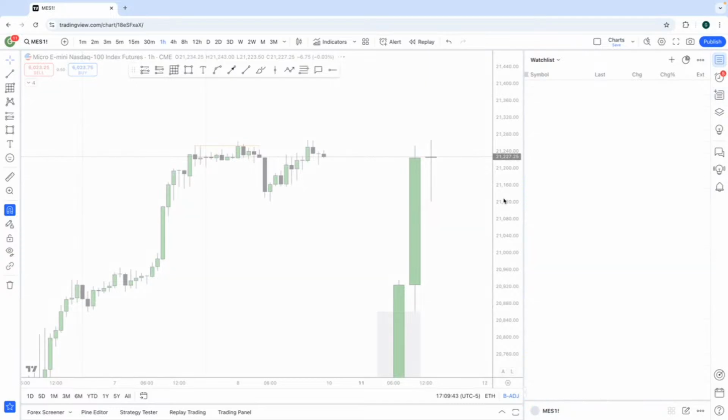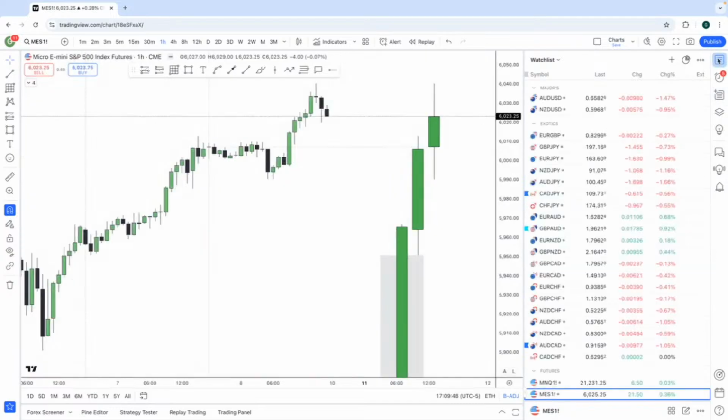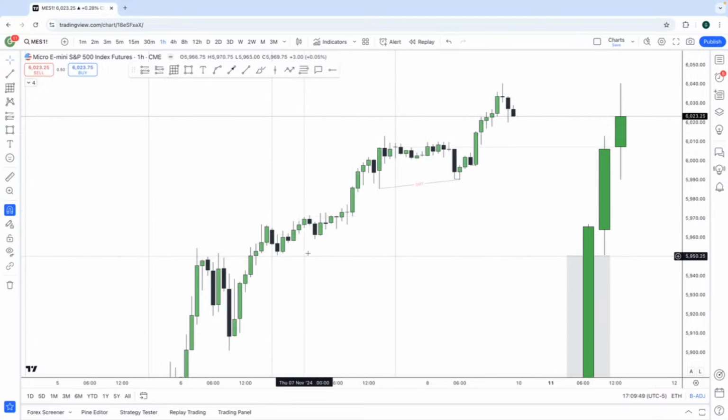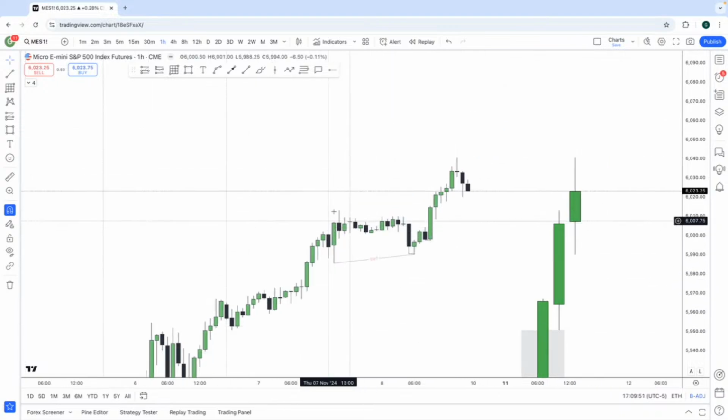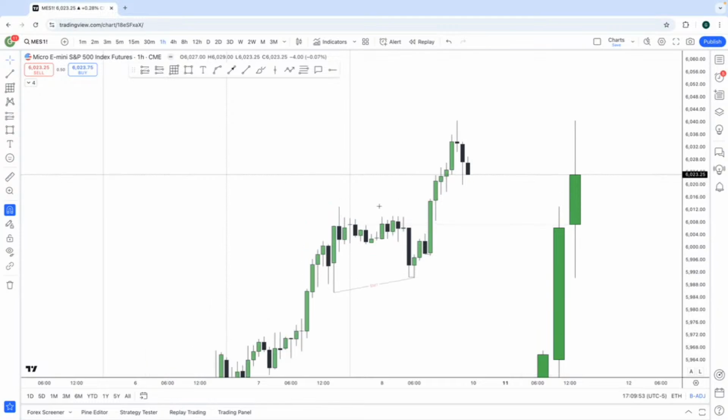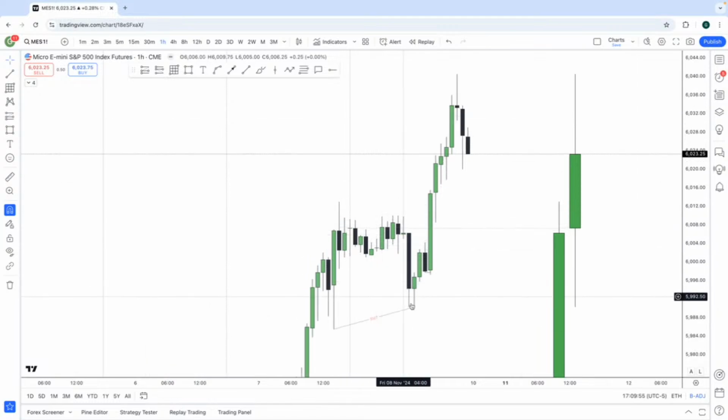So what we have, right, we expand the previous day and then we consolidate. So consolidation is again a continuation signature. So when we just manipulate and create SMT, this is just a reversal pretty much. It's just manipulation, just creating the daily wick as you see here, that small opposing run.